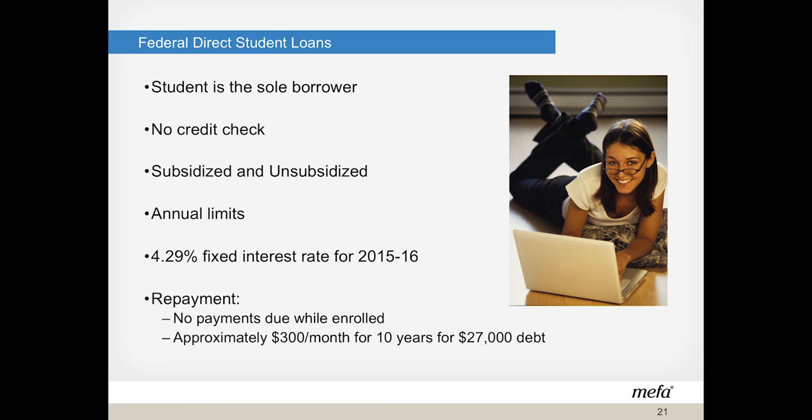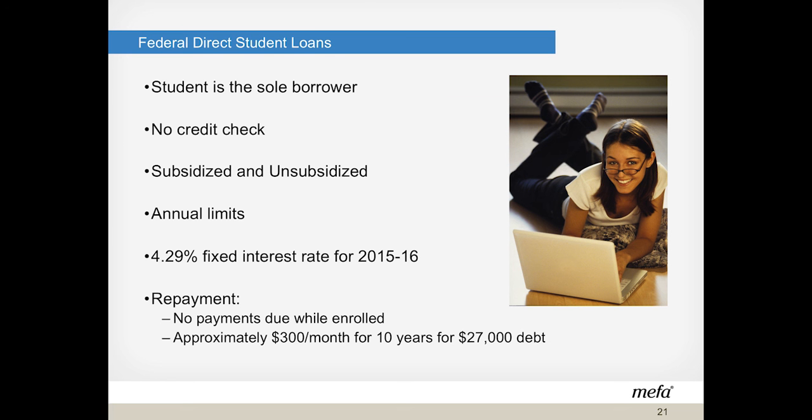There are annual limits on these loans, so as a freshman, for example, students can only receive $5,500 in these loans. The interest rate is fixed for the life of the loan, but it changes for each new year's loan. So for all of the loans given to students in 2015-16, the interest rate on those loans is 4.29%.